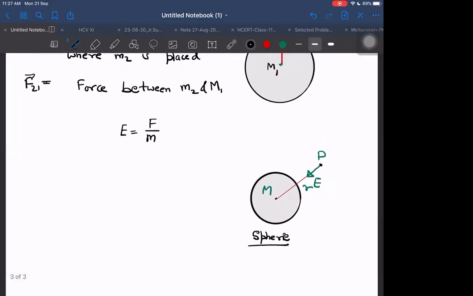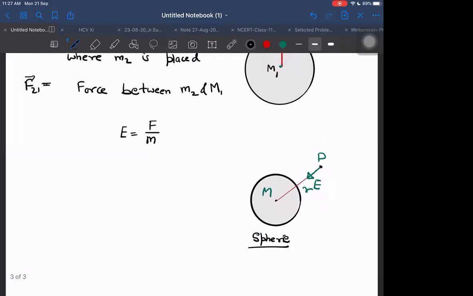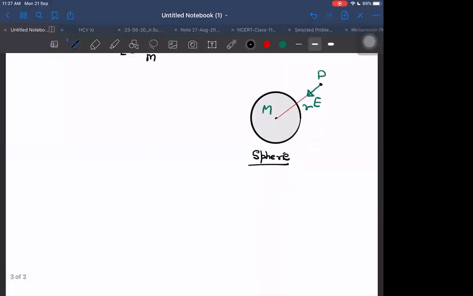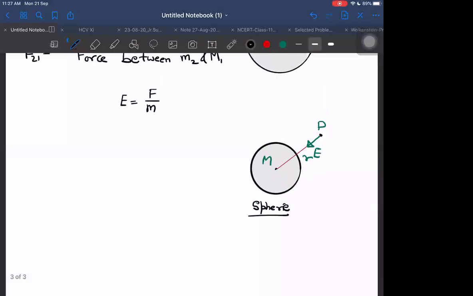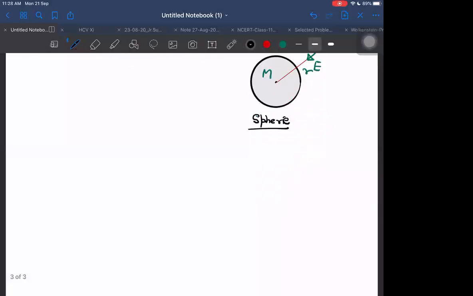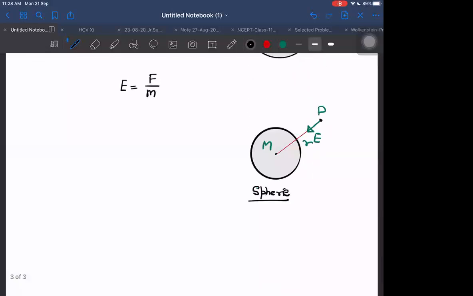Anyway, before we go to those complex cases, first of all I want to discuss the gravitational field due to Earth, or due to any solid sphere.